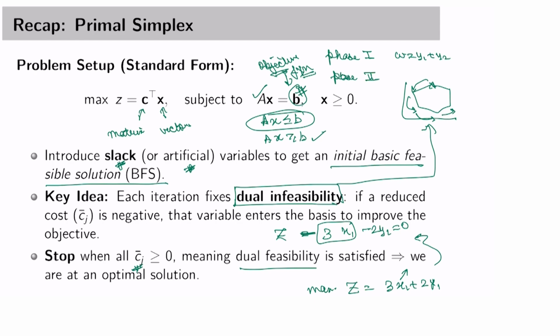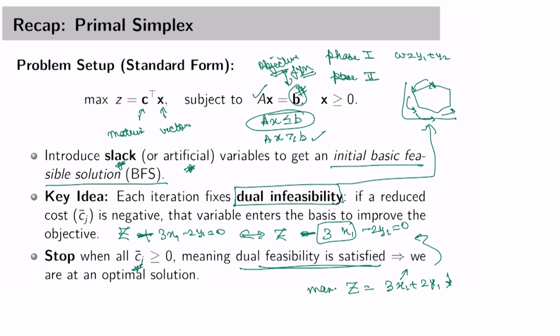We mean that dual feasibility is now satisfied, and you can imagine that there is no further way we can maximize this particular problem, because if we have a negative here, the equivalent of this z would be z plus 3x1 minus 2y1 equal to 0. Now, since this is positive, if you keep on increasing x1, your z is going to decline in value.